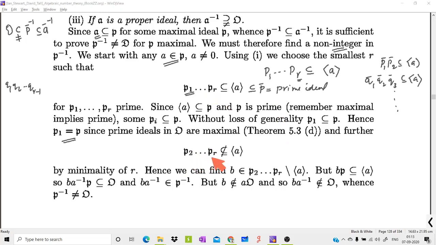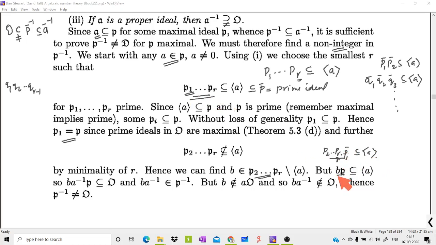Here we have R minus 1 ideals, so the product of these R minus 1 ideals is not contained in A. Now we can find an element B belonging to this product which is not in A, and BP is contained in A. This is because B is an element of P2 etc. PR, and P is the same as P1, so this product is contained in A. That is the choice of these prime ideals.